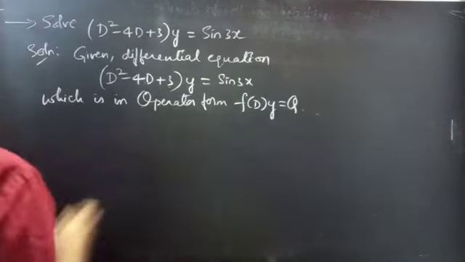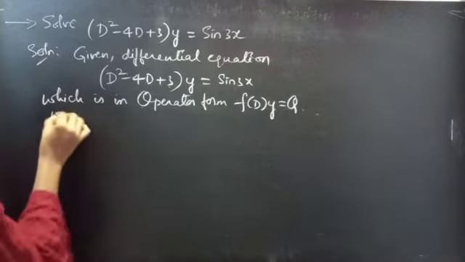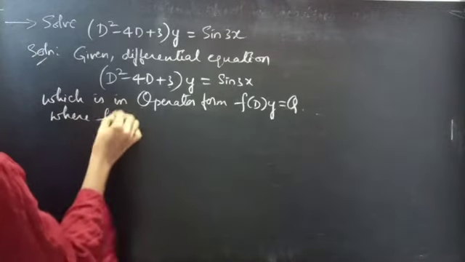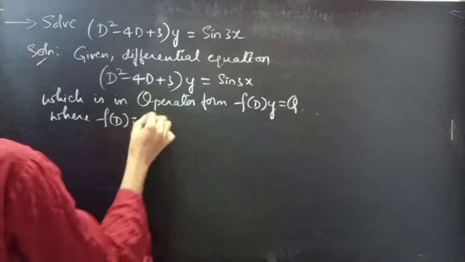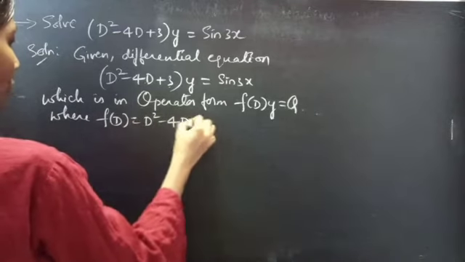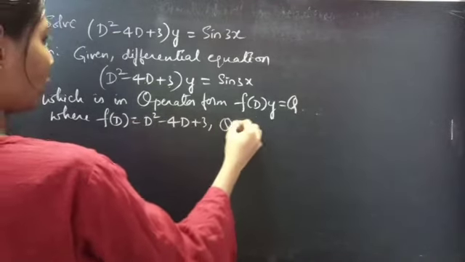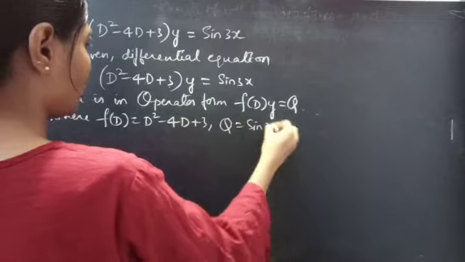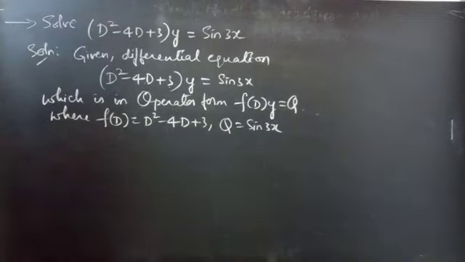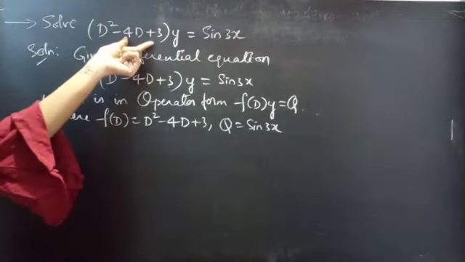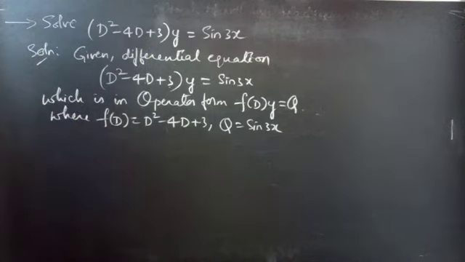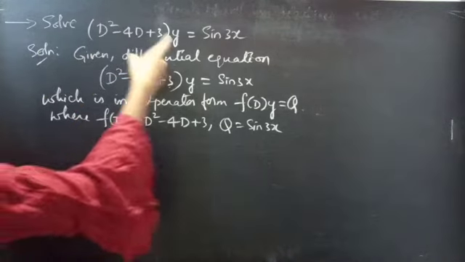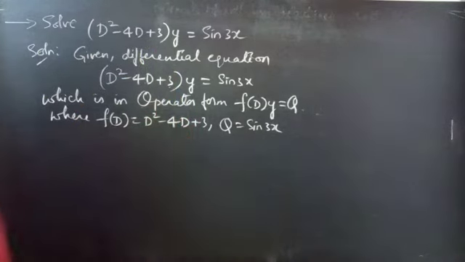By comparing these two, we'll get f of d and q, where f of d equals to d square minus 4d plus 3 and q equals to sine 3x. Now we need to find the general solution to the given non-homogeneous equation, right? Since it is in f of d into y equals to q, we call it as non-homogeneous differential equation.